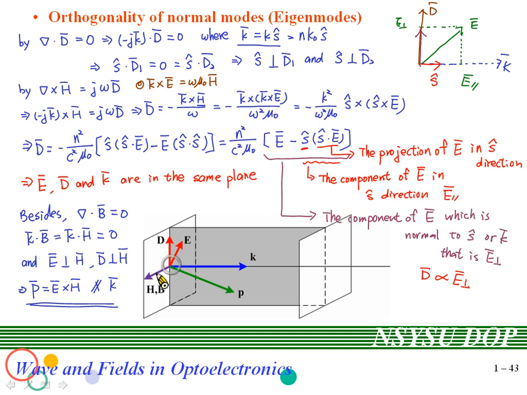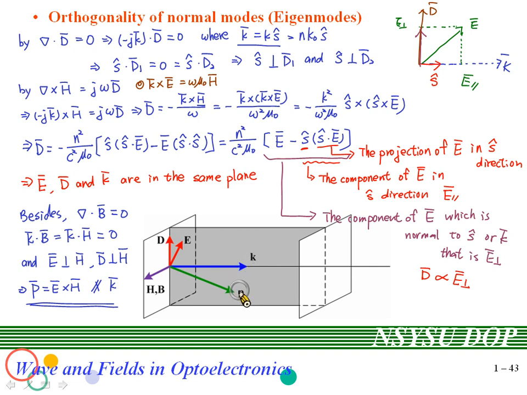So the purple one here is the vectors of H and B, and according to the Poynting vector, E cross H, use your right hand to find out the direction of P. The E cross H will be the vector in green shown here, and clearly the P direction is not the same as the K vector.